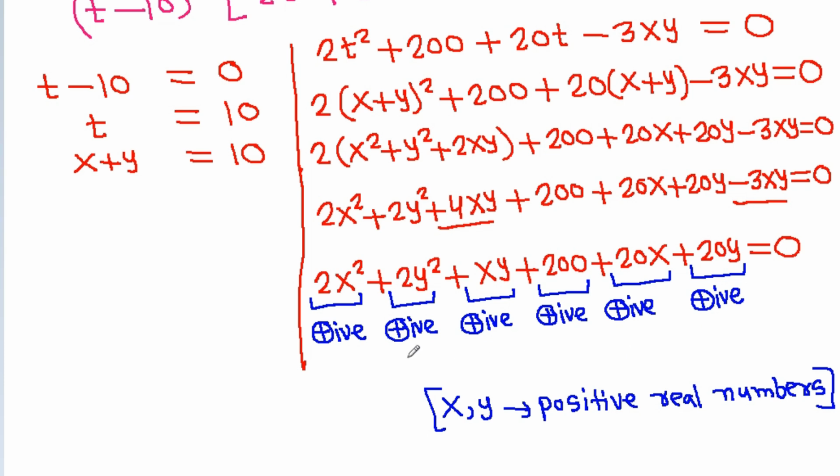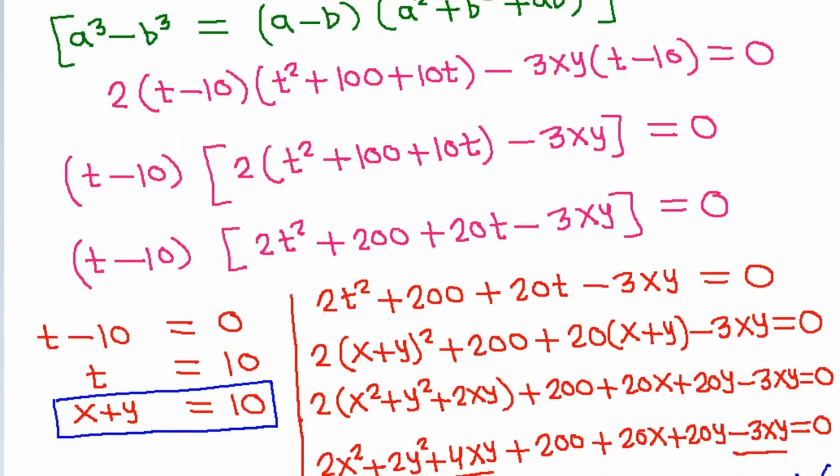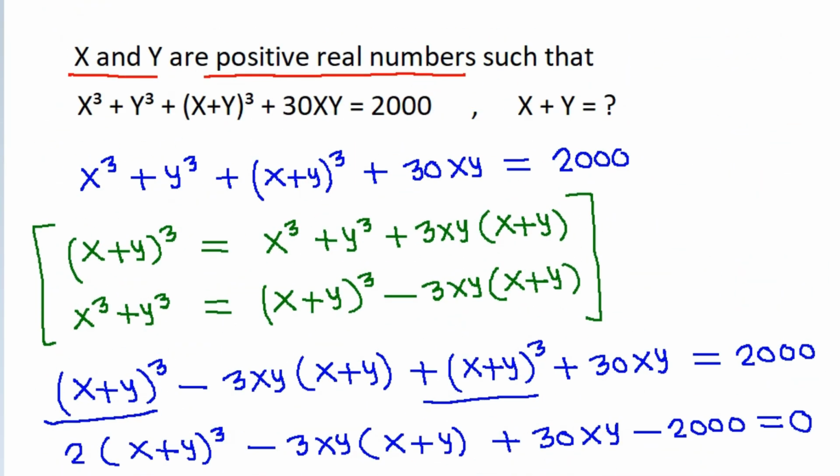So the sum of all the positive terms cannot be equal to 0. So x plus y is 10. It is 10.